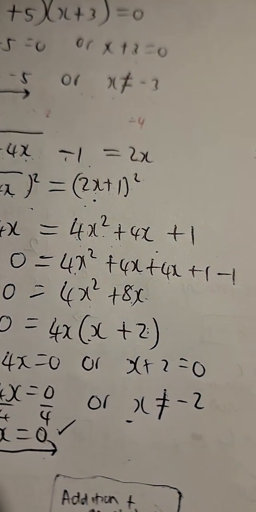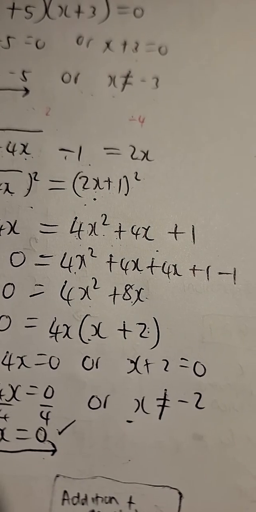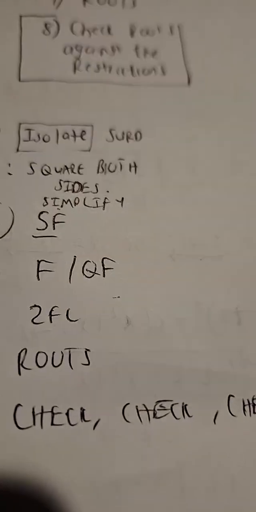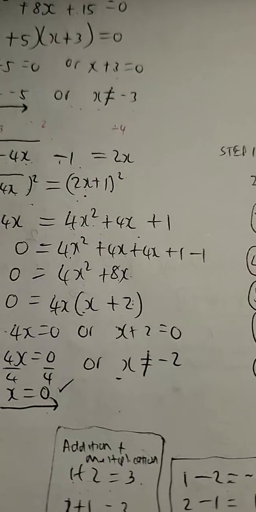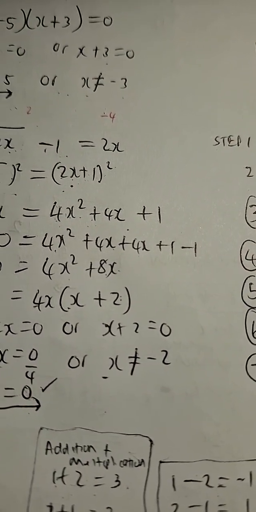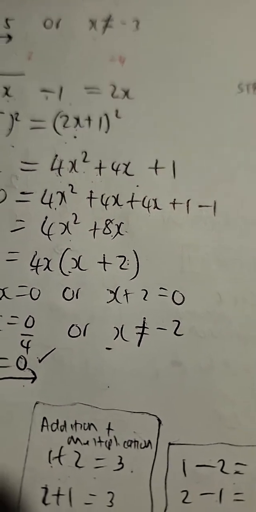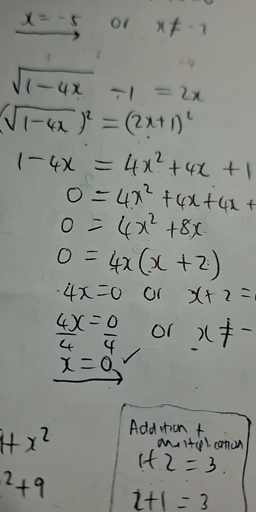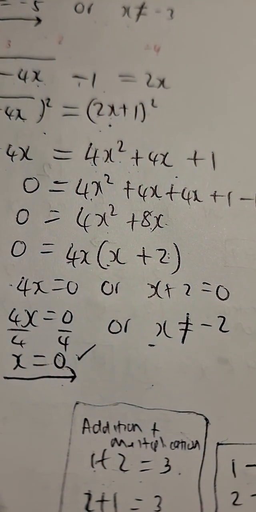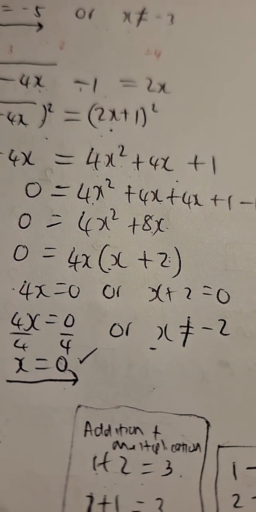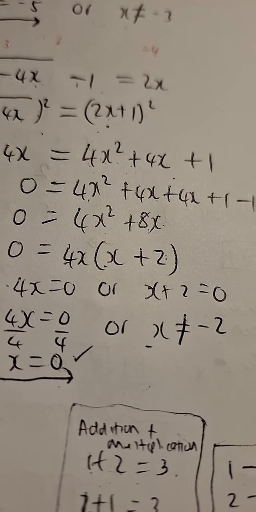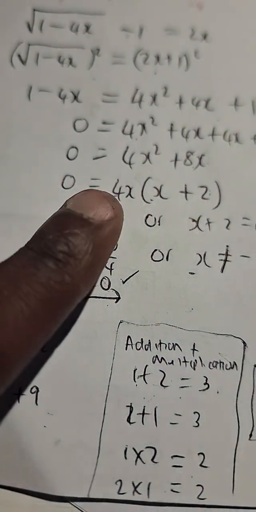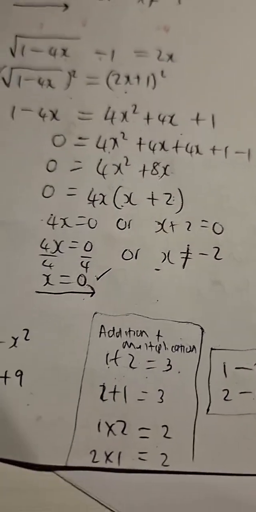We have 3 terms that come about from the squaring of the binomial. We then simplify and add and subtract like terms, and then we get to standard form: 4x squared plus 8x is equal to 0. We then factorize. If we cannot factorize, we could use the quadratic formula. That would work as well. After factorizing, we apply the zero factor law: 4x is equal to 0, x plus 2 is equal to 0.